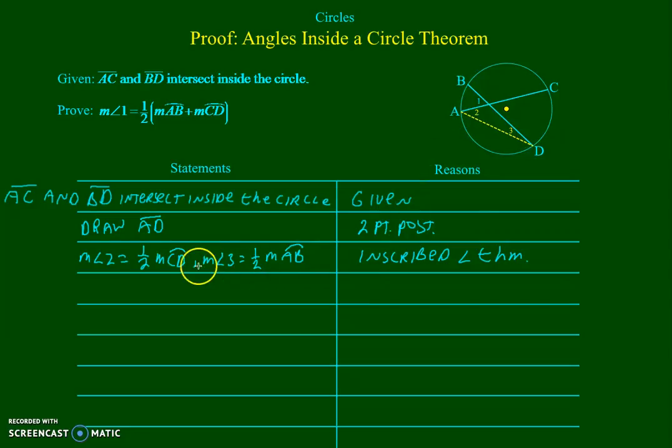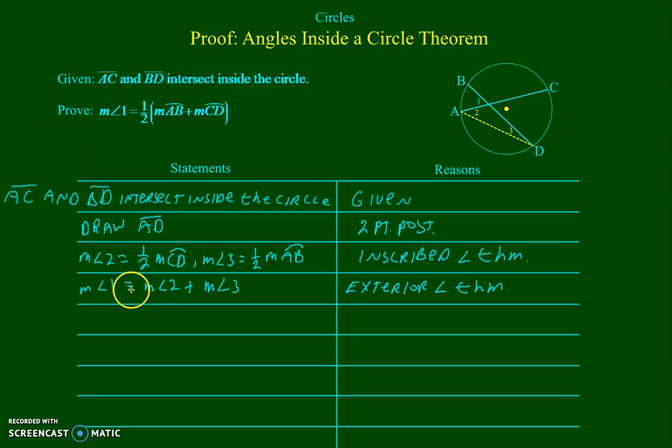Now we're going to relate angle 1 to angle 2 and 3, because I have to have an angle 1 on one side of the equal sign and I have to have these two arcs on the other. And angle 2 is related to CD, angle 3 is related to AB. Always keep in mind what it is you're trying to prove, and try to form those statements as you go through your proof. So that's our next step, to relate angle 1 to 2 and 3.